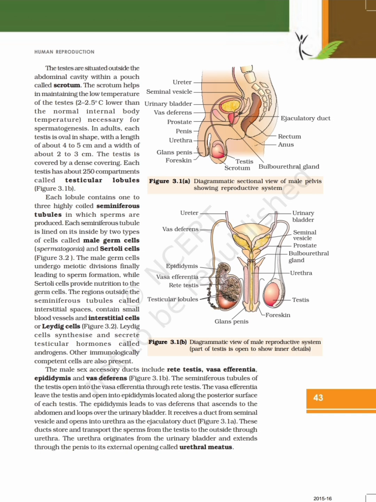The seminal vesicle duct and vas deferens then continue as a common ejaculatory duct. Where will it open? It will open into the urethra.